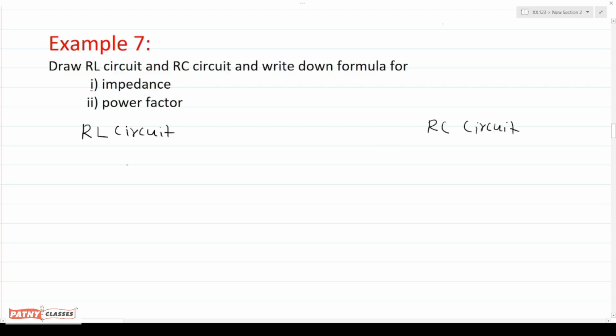In RL circuit there is a resistor, in RC circuit there is also a resistor. In RL circuit there is an inductor, in RC circuit there is a capacitor. Both are connected across AC supply.